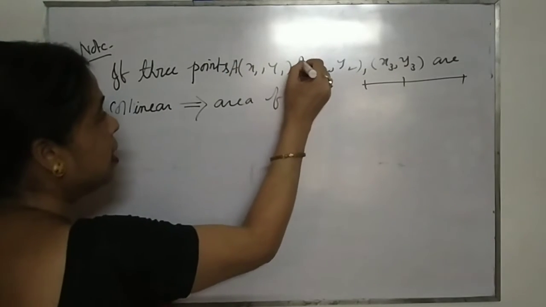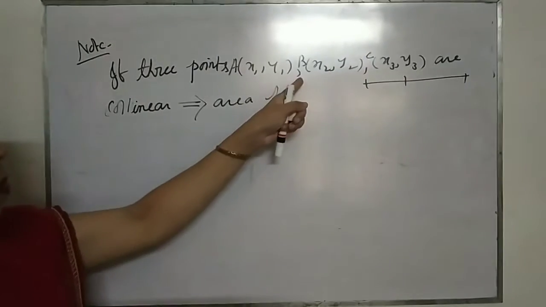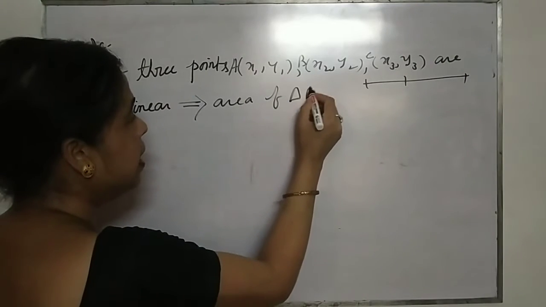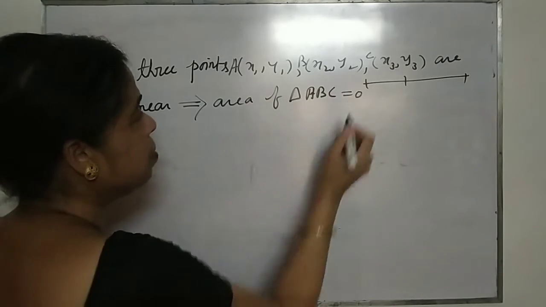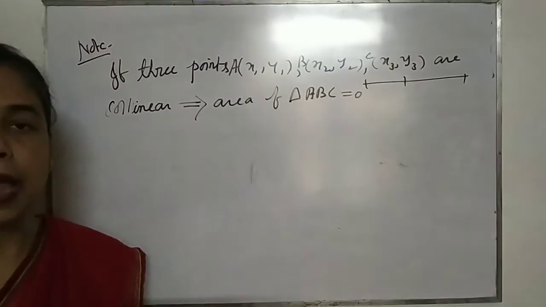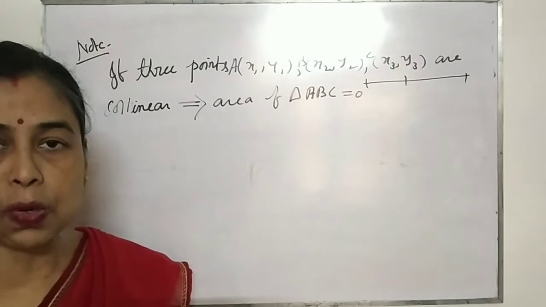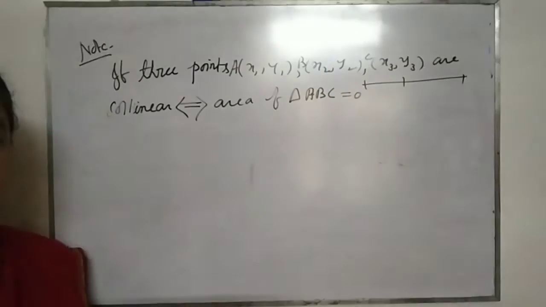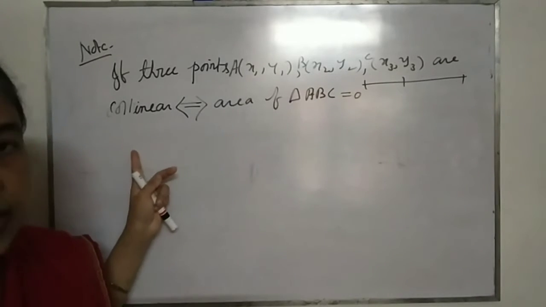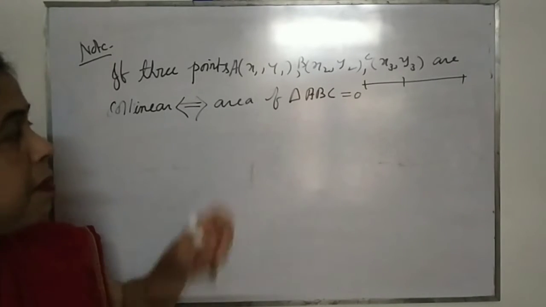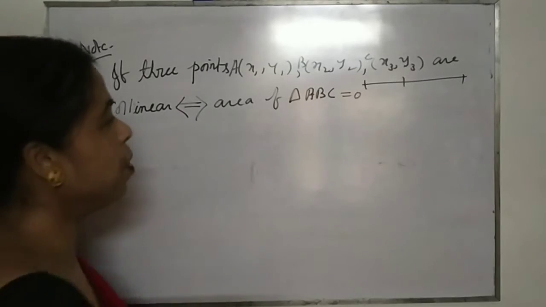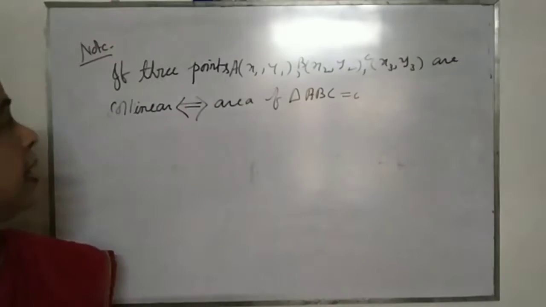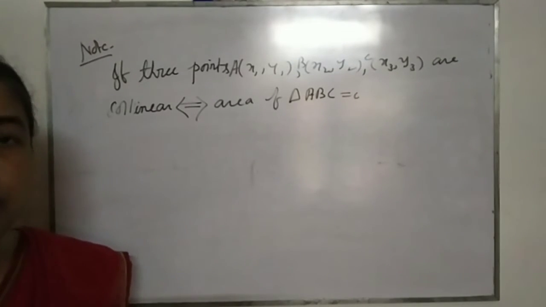Let us name them A, B, C. If three points A, B and C are collinear, then we can write that the area of the triangle ABC is equal to 0. If you get the area of the triangle as 0, you can conclude that the points are collinear. And vice versa, it is a both-side implication: if the points are collinear, the area of the triangle will be 0, and if the area is 0, then the points are collinear. So from the area of a triangle, we can decide whether the points are collinear or not.